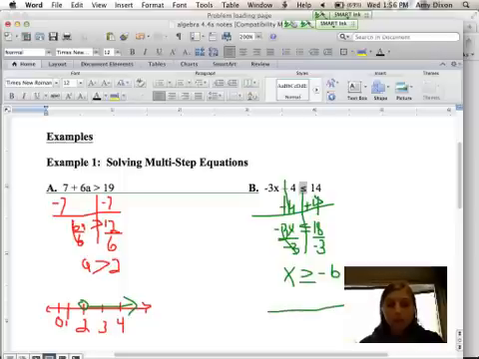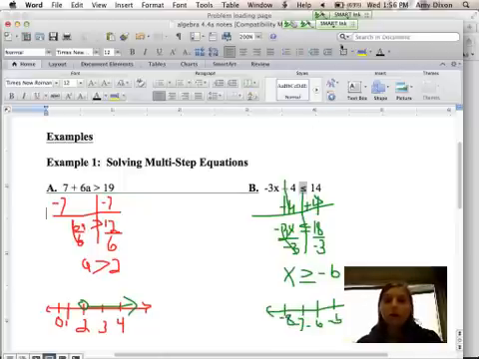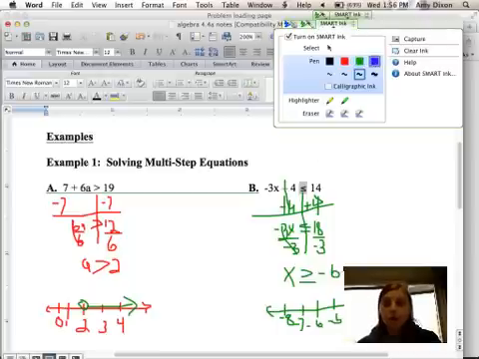And then to graph these solutions, we'll put negative 6 on our graph, and then we'll label 2 to the right and 2 to the left, so we have negative 5 and negative 4. And then over here we have negative 7 and negative 8. Okay, so then we have to decide if we have an open or a closed circle on negative 6.